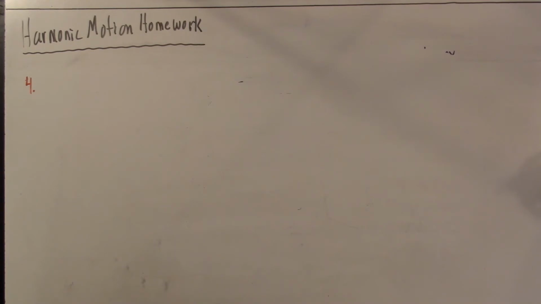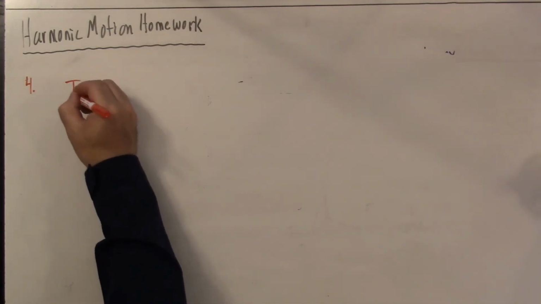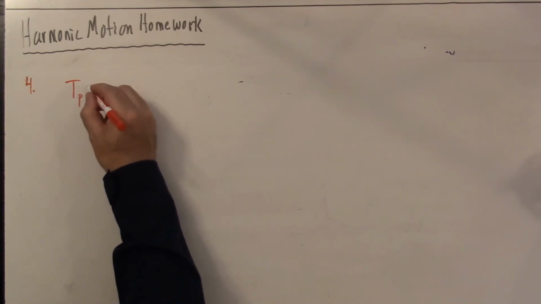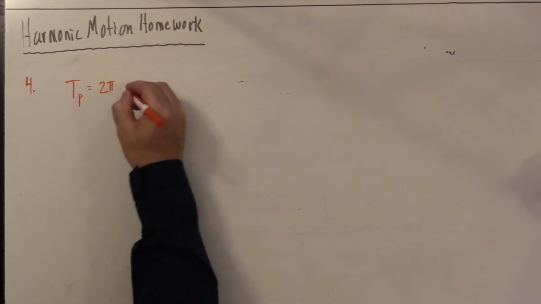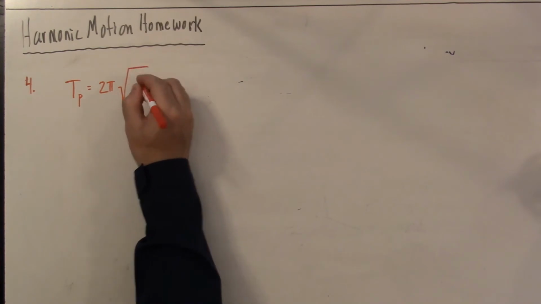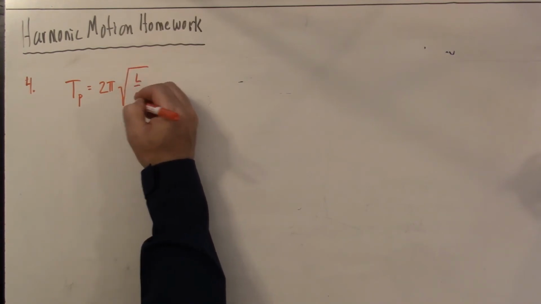Find the period, use 3 decimal places, of a pendulum with length 1 meter, assuming that the g value is 9.8. Okay, so we're using a pendulum, so period of a pendulum is equal to 2 pi times the square root of L over G.